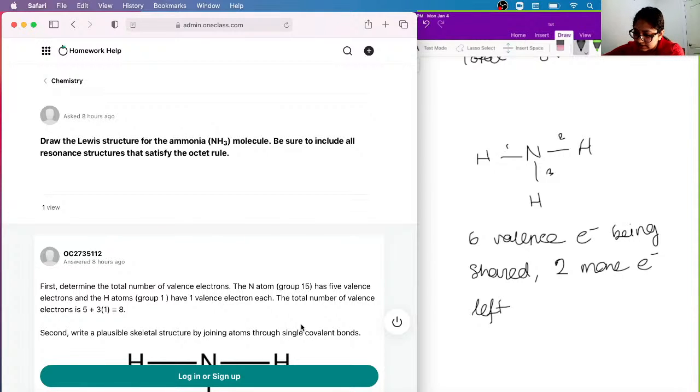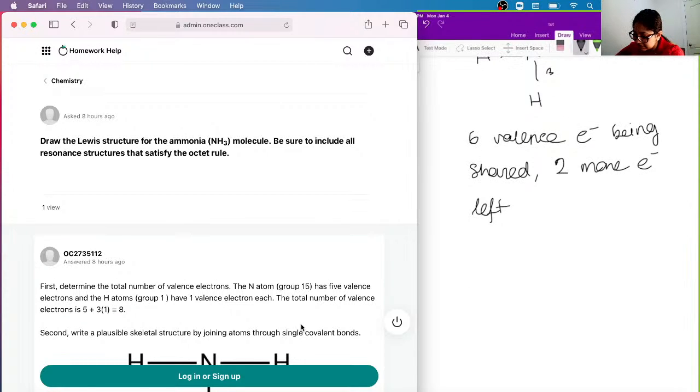And so what the next step would be, since nitrogen has 5 valence electrons and it's sharing only 3, you could say that the 2 more electrons would be on nitrogen.